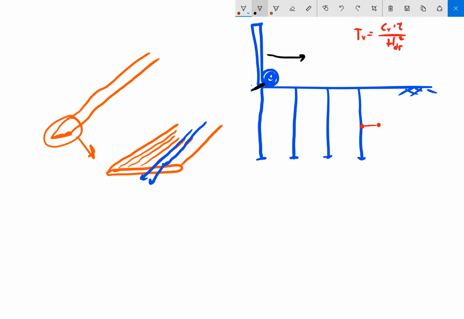And the other advantage that we have, do you remember how we talked about hydraulic conductivity? And I told you that the hydraulic conductivity in the horizontal direction is always significantly greater than the hydraulic conductivity in the vertical direction. So that's another mechanism that we have going for us. So we have two things going on with these prefabricated vertical drains or wick drains. We have shorter drainage distances.